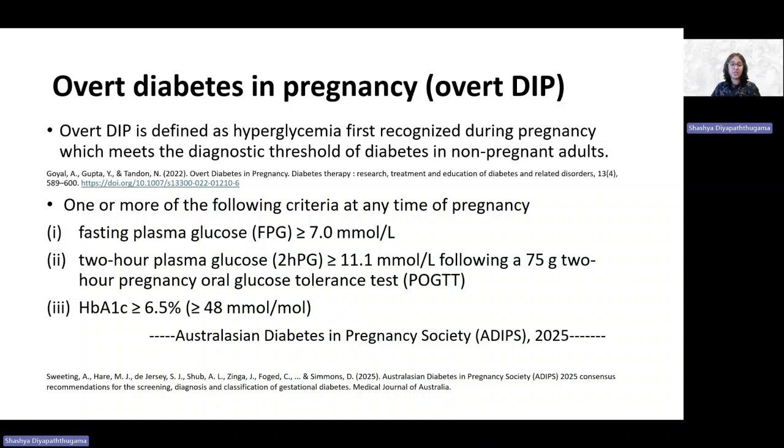Again, the 2-hour plasma glucose should exceed 11.1. And we can also screen with HbA1c, which is above 6.5, the diagnostic criterion for diabetes in non-pregnant adults. So if the HbA1c value exceeds 6.5%, we can call it overt diabetes in pregnancy.